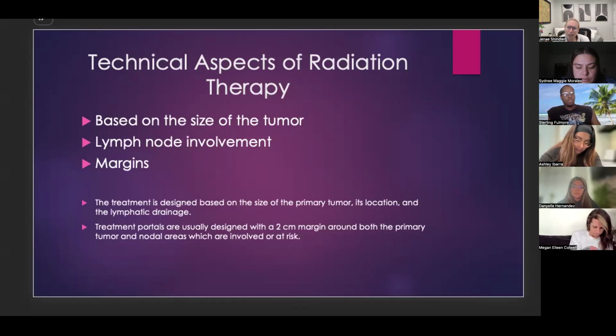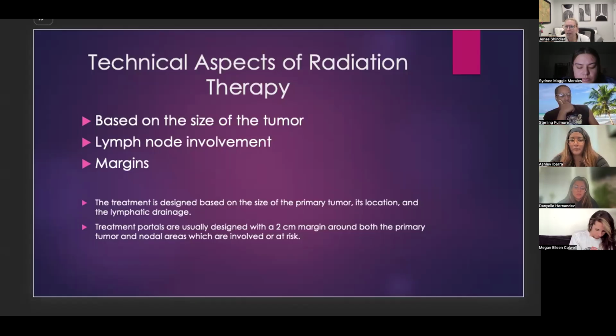Most of what we're going to be seeing in the clinic, along with brain, because we've gotten so good at these, is probably 1 centimeter to 0.5 centimeter margin. And that's because the more healthy lung tissue you radiate, the more long-term side effects these people are going to have.